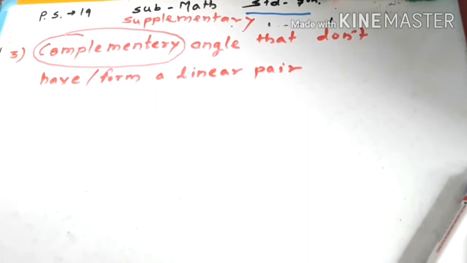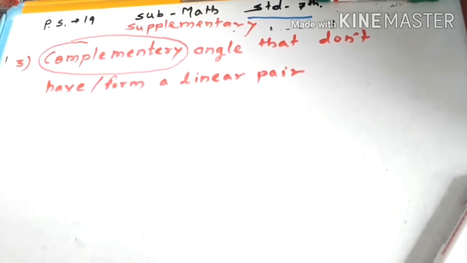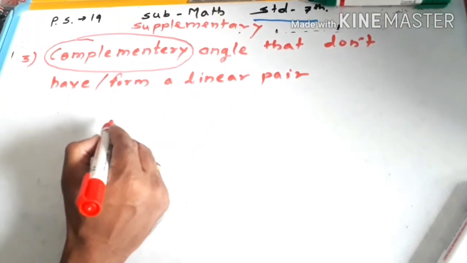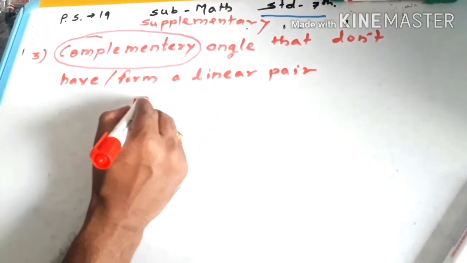Supplementary angles, so we have drawn here supplementary angles, which means those angles having their sum equal to 180.